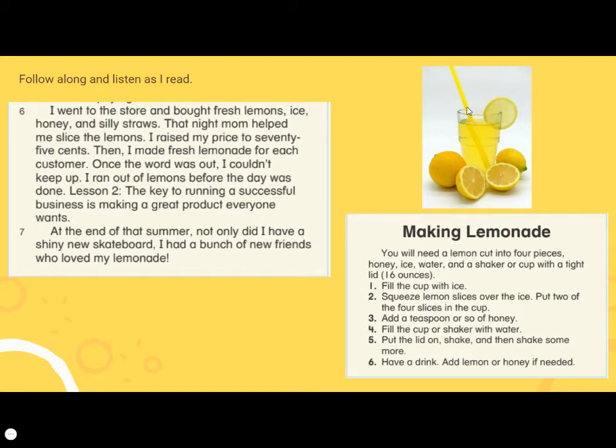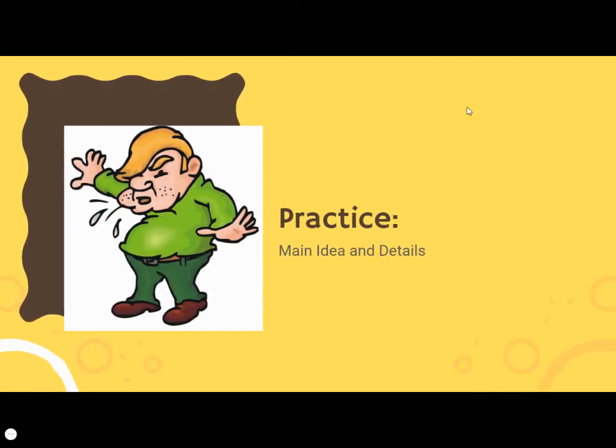Add a teaspoon or so of honey. 4. Fill the cup or shaker with water. 5. Put the lid on, shake, and then shake some more. 6. Have a drink. Add lemon or honey if needed. Practice. Main idea and details.